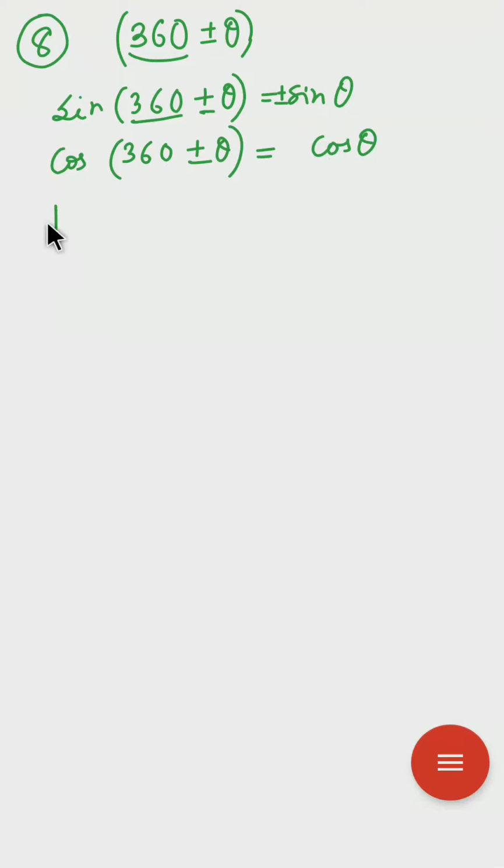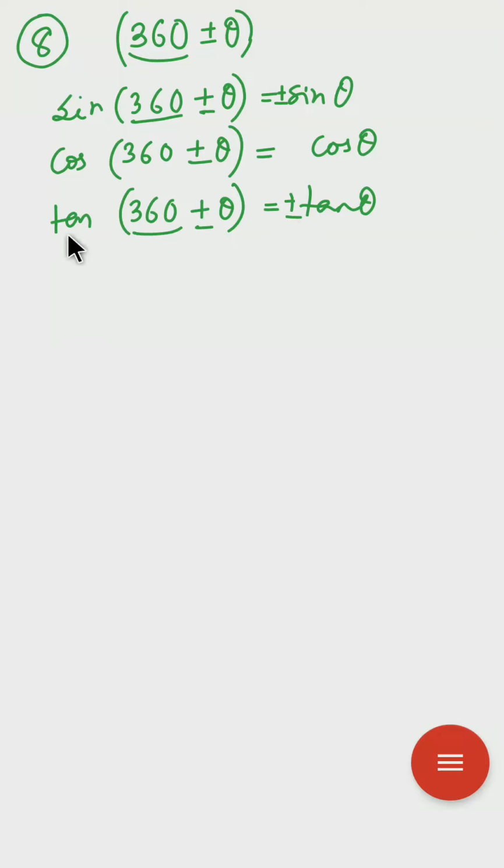Now tan. Tan of 360 degree plus theta. Nullifying this part, we get tan theta. And if we consider tan of 360 minus theta, then we know 360 can be nullified, and this will be considered as tan of minus theta, which is minus tan theta.